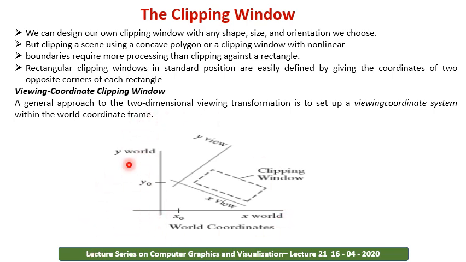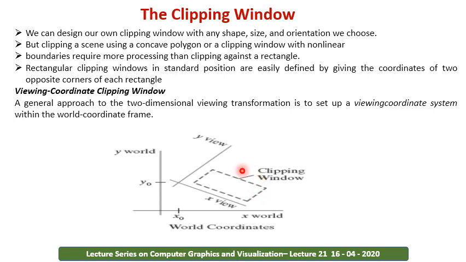This same thing will be converted into viewing coordinates. The viewing coordinates are set up in the direction shown in the figure, x view and y view. Now this will be transformed into viewing coordinates from the world coordinates.